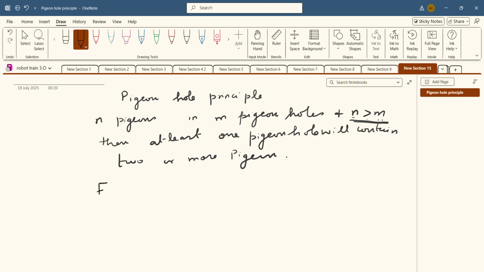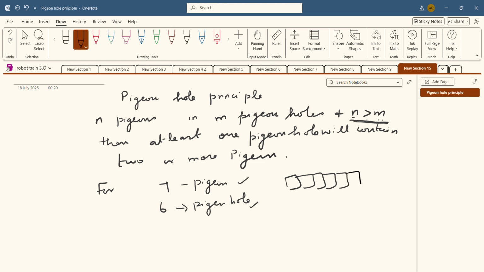For example, suppose we have seven pigeons and six pigeonholes. According to the principle, how are we going to arrange these pigeons among these holes? Six holes will be there: 1, 2, 3, 4, 5, 6.